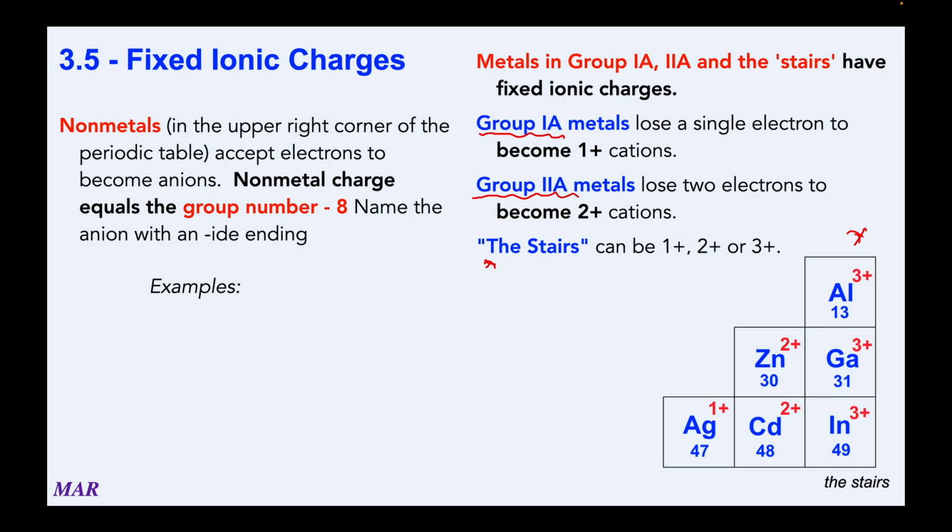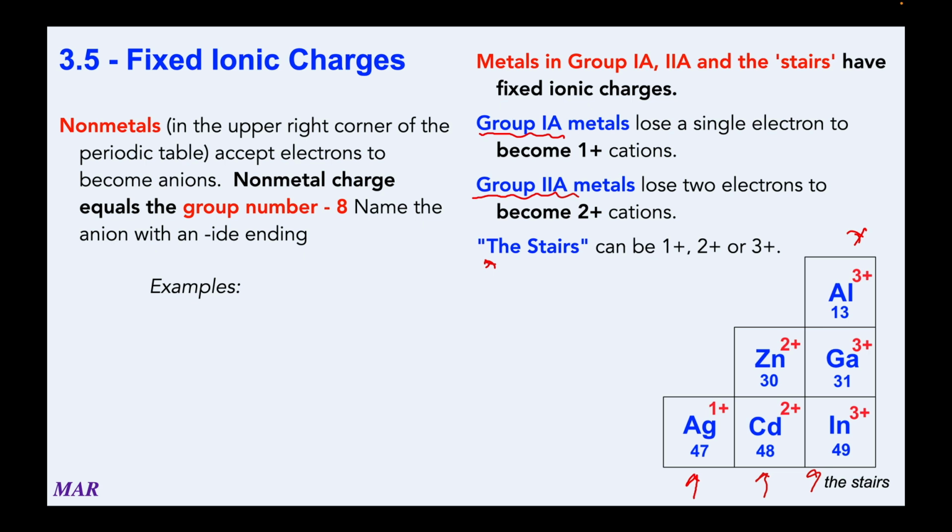So it's like you have a single step, 2 steps, and 3 steps. So what this means, the step number represents the charge. So silver is always +1, cadmium and zinc always +2, and indium, gallium, and aluminum always +3. So that's why they're the stairs. +1 in the first step, +2 in the second step, +3 on the third step.